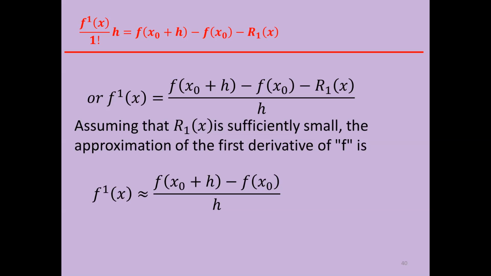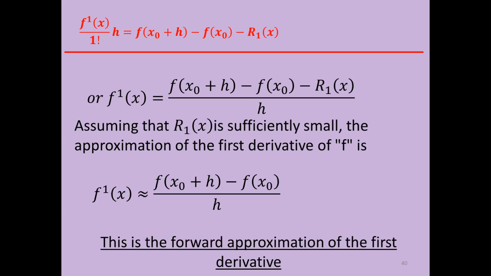Now we are going to see in future slides that r1 is itself going to be approximated by several terms. This formula is also known as the forward approximation of the first derivative.